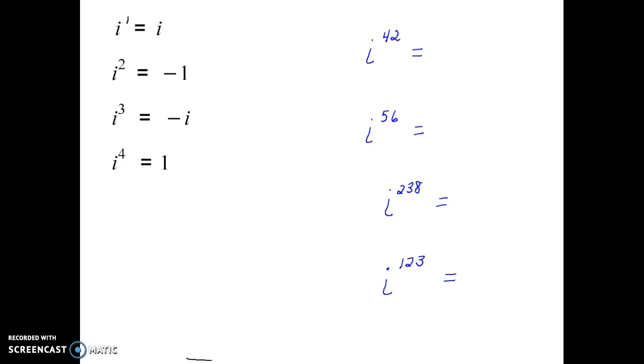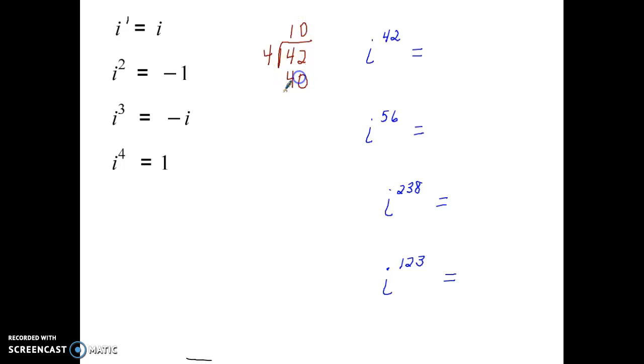We're going to look at 4 more examples. i to the 42nd power. Now it's not practical to go through and just keep counting up. So what I want to do is divide each of these by 4. 42 divided by 4 isn't a whole number. I know that 4 will go into 42 10 times.